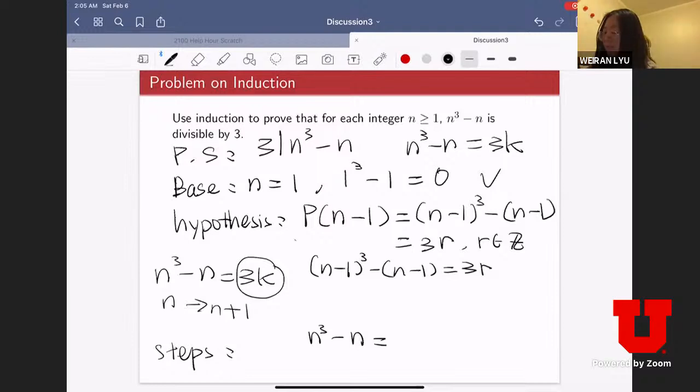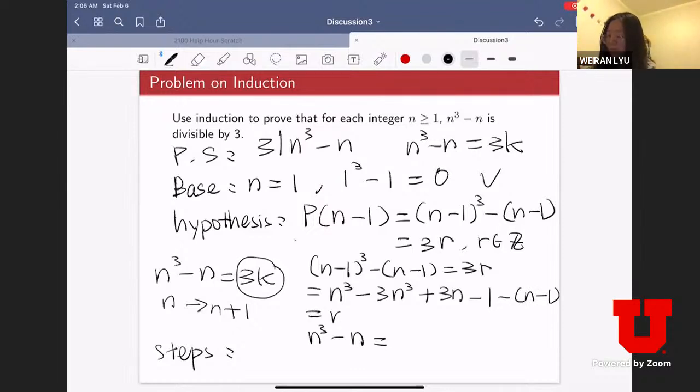If we just expand the hypothesis, we will get n cubed minus 3n squared plus 3n minus 1. And that's the expansion of n minus 1 cubed, and then minus 1.